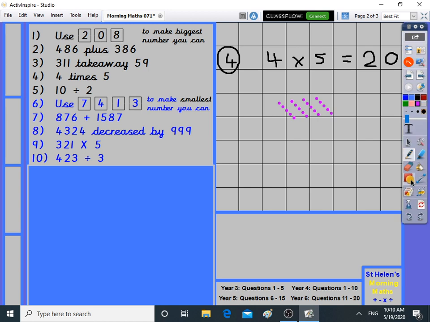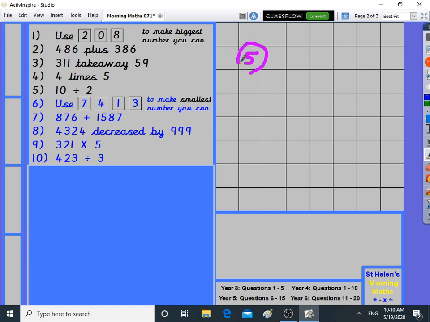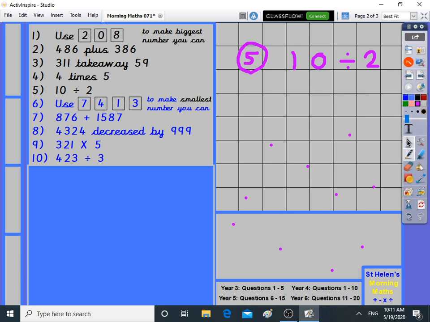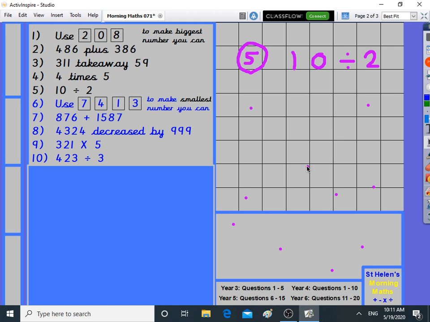Let's move on to question 5. Question 5 is divide, or a purple pen. 10 divided by 2. It's sharing, isn't it, divide? 10 shared between 2. 1, 2, 3, 4, 5, 6, 7, 8, 9, 10. I'm going to share them into 2 groups. So 1 for this group, 1 for this group.